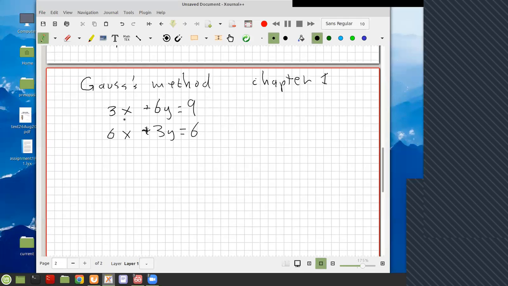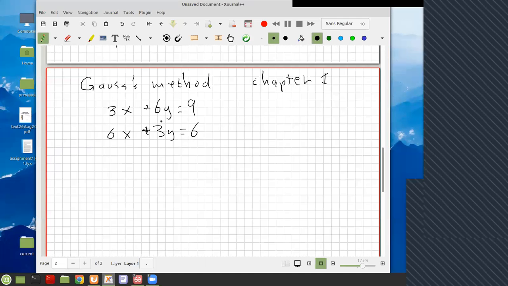Now, you may have seen a system like this in high school or some other algebra course. You'd solve this by a method of, say, solving for one of the variables and then plugging that variable into the other one and then solving for the other variable. We're not going to use that method. That method doesn't work when you have like 4 equations and 5 variables or something like that, because the algebra gets too complicated.